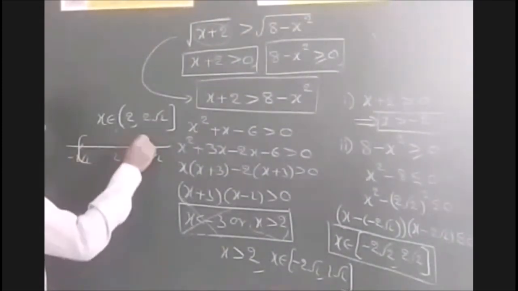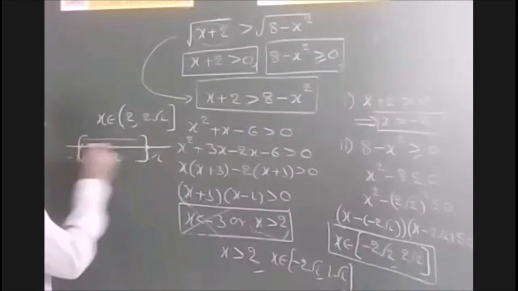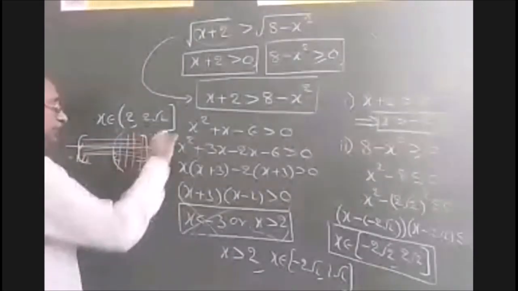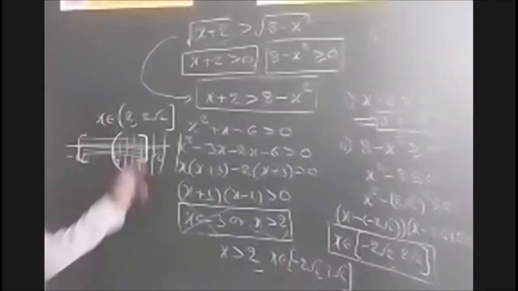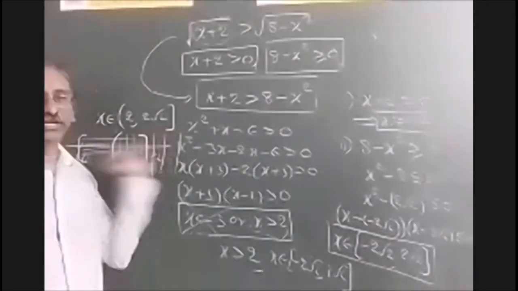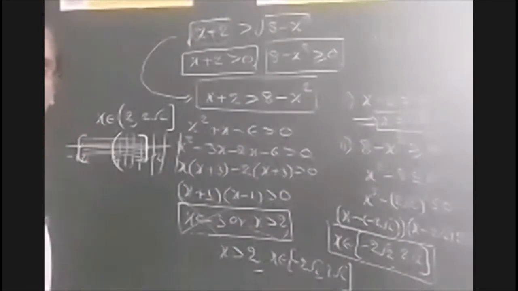This one is a closed interval, and greater than 2 means from open 2 to infinity. So, the common solution is 2 to 2 root 2, open at 2, closed at 2 root 2. Okay, write it down. So, that is the final solution: 2 comma 2 root 2, open at 2, closed at 2 root 2.